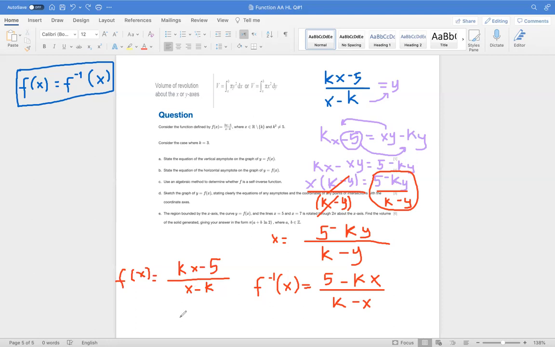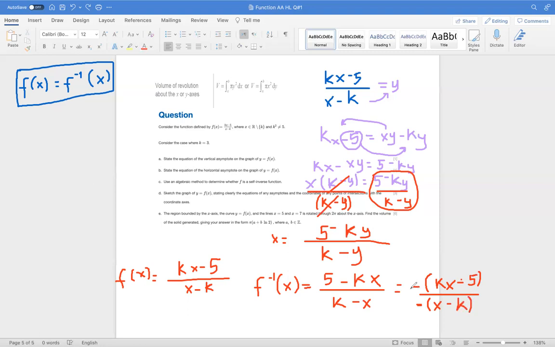If we put this in this form, I'll put a negative sign in front of it: kx plus 5 minus 5 over, and I'll put a minus here as well, negative x, so negative x will be x minus k.